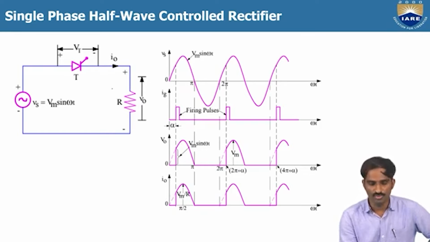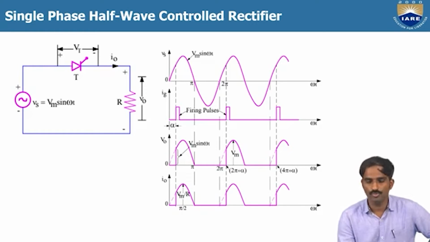So automatically after pi, the voltage across the thyristor gets reverse biased, and the thyristor stops conducting. That's why we get the output voltage from alpha to pi only. After pi, the output voltage is 0 and the output current is also 0, because the thyristor is in the off state due to natural commutation.